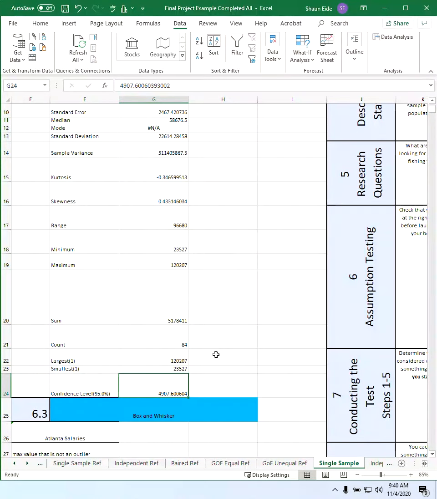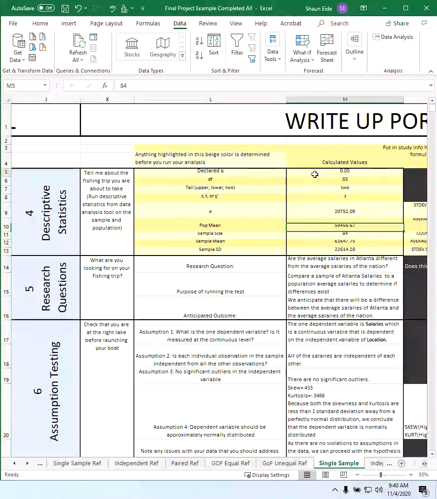And then this right here, very important, this is the margin of error at a 95% CI.